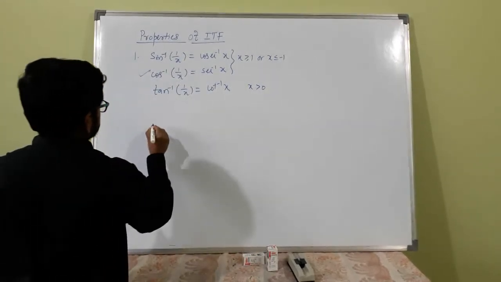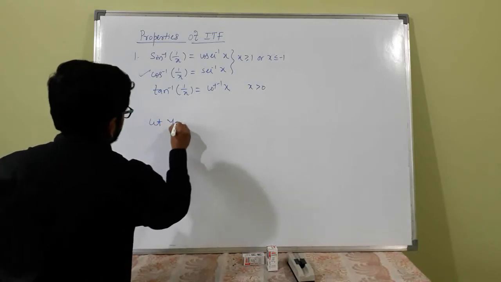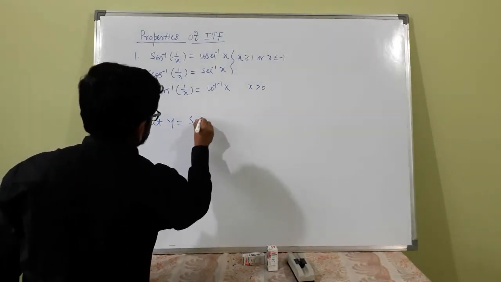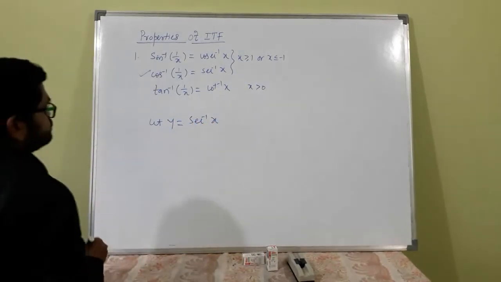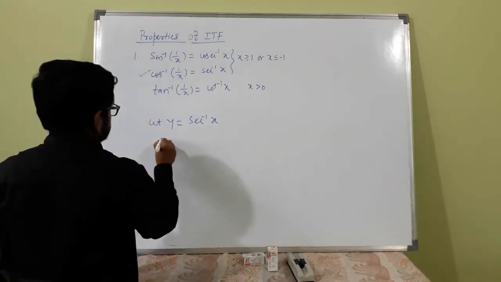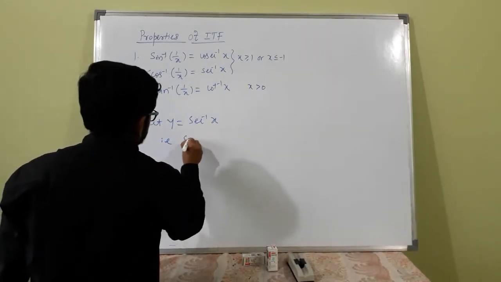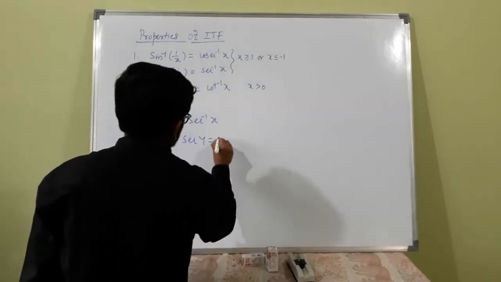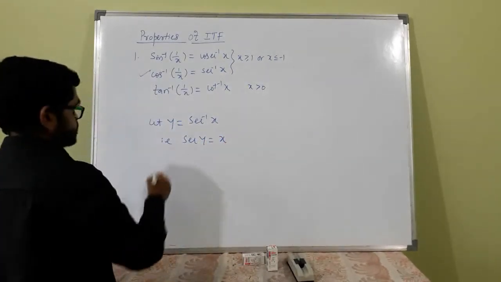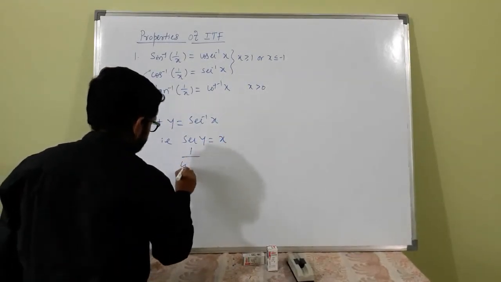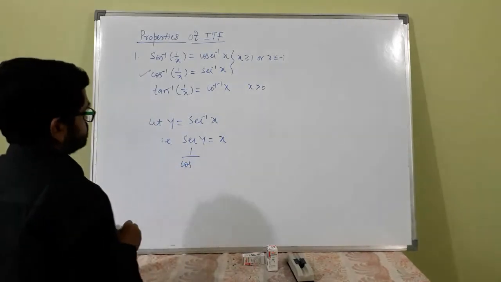Very simple it is. Let y is equal to secant inverse x. That is, secant y is equal to x. What is secant y? 1 by cos y.